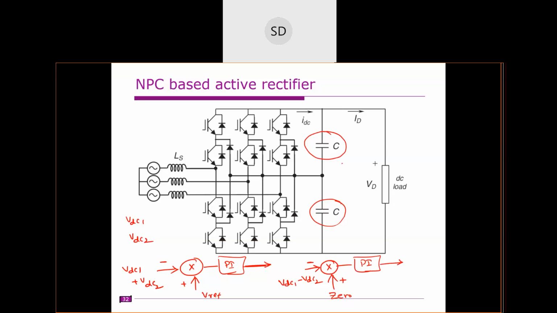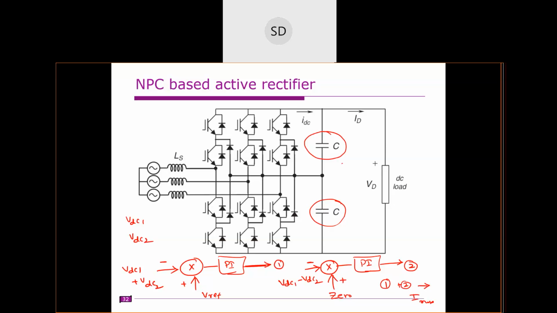We need to add these 1 and 2 together, and that gives you the I maximum command. So that is the difference. The rest of the things are the same.